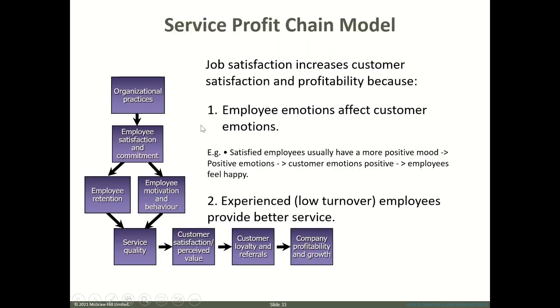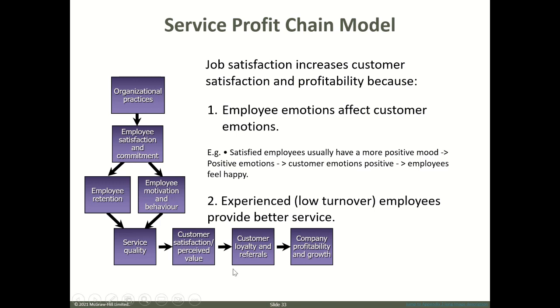The service profit chain model that I discussed: job satisfaction increases customer satisfaction. When the employees are satisfied, they will treat their customers as valuable assets. The customer satisfaction and the profitability will be there because employees' emotions affect customers' emotions.